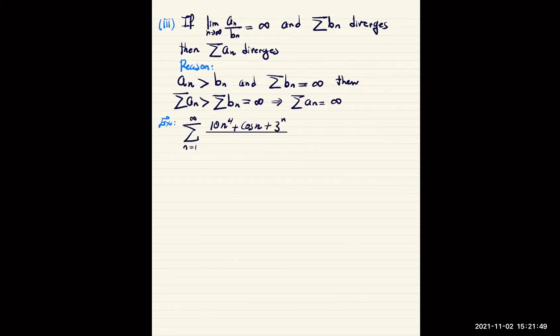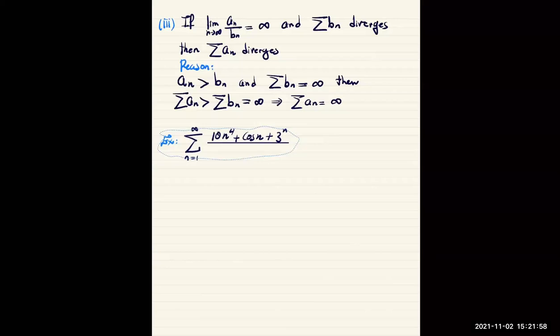It already looks horrible, doesn't it? And say the denominator of that fraction is, let's go crazy, 100 n to the power of 10 plus, say, 5 to the n plus ln n.